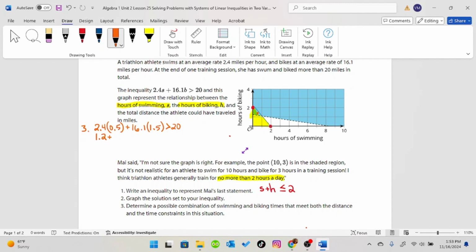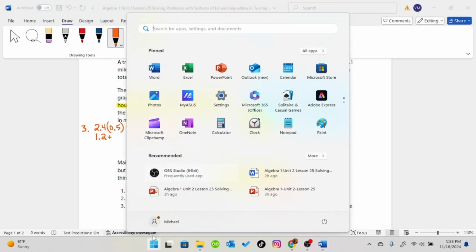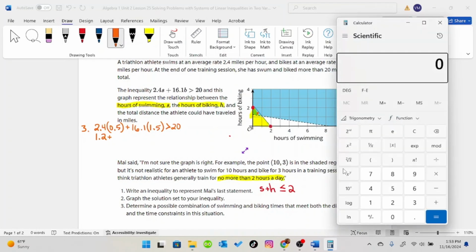And 16.1 times 1.5, using a calculator, is 24.15.